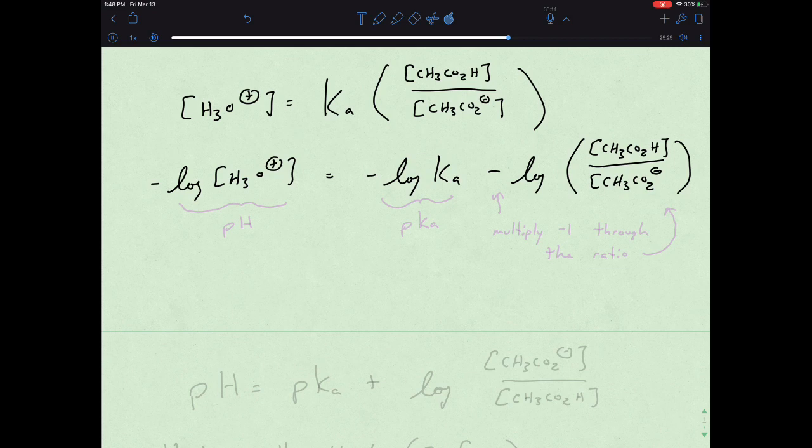So we have a couple things we already sort of know here, right? That the negative log of hydronium is pH. The negative log of Ka is pKa. And what they do is they multiply the -1 through the ratio that we see on the far right, and that defines our Henderson-Hasselbalch equation for an acid-parent type of buffer.